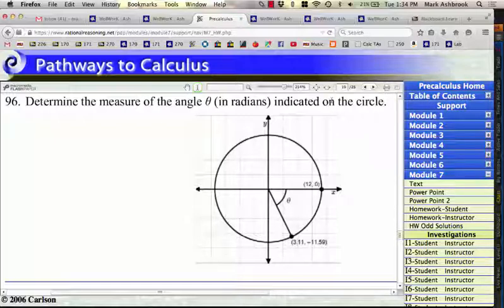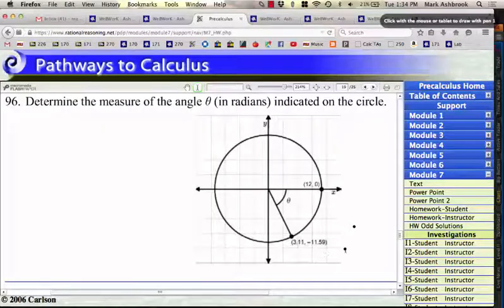Okay, so we want this angle measured in radians, and what do we have? We have coordinates on this circle with radius 12. Okay, so we have coordinates. We want the angle.